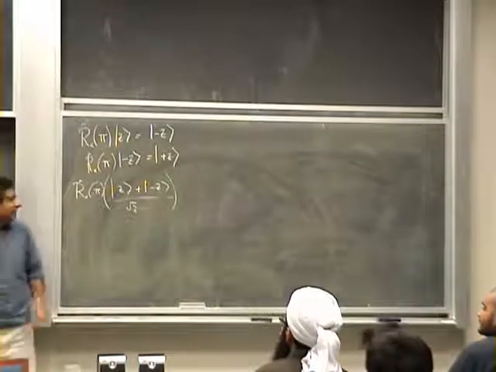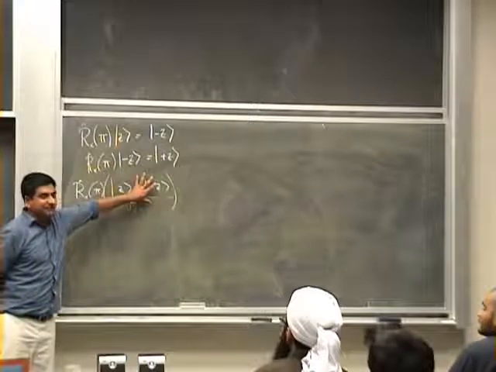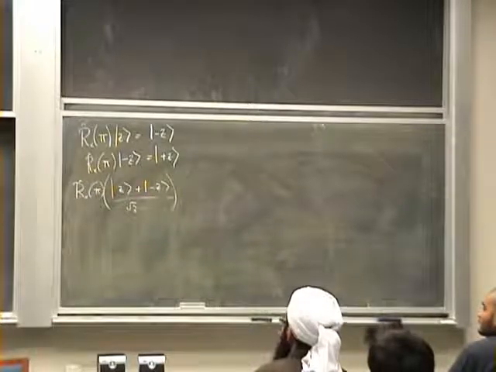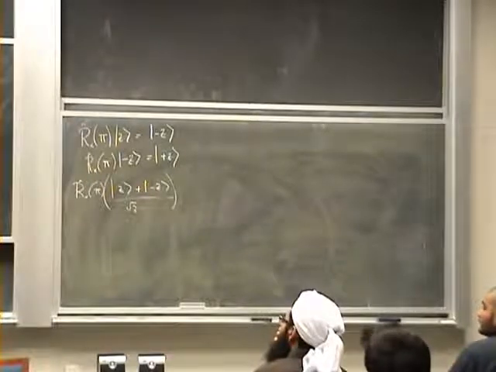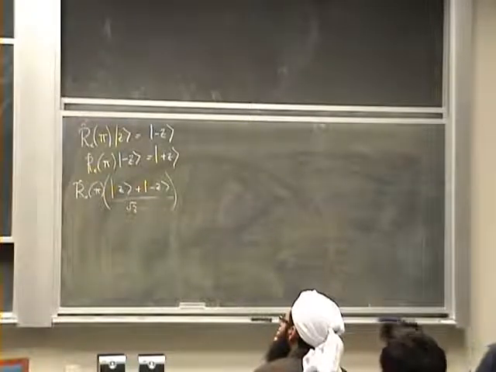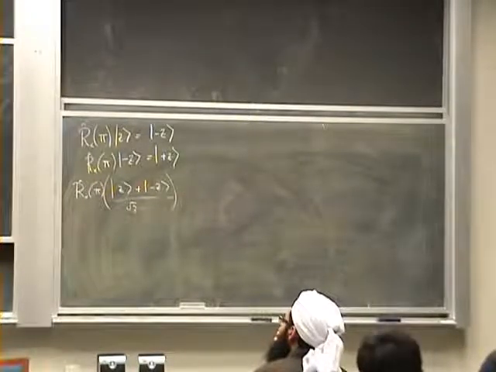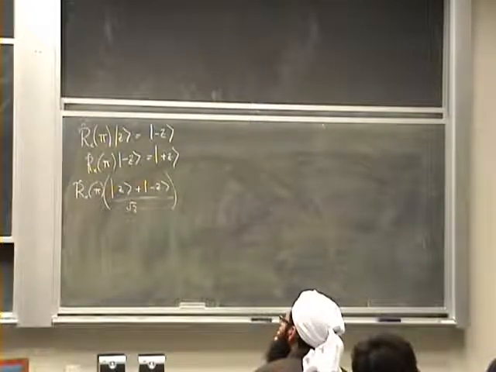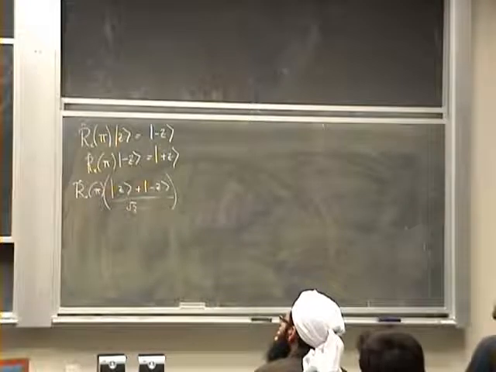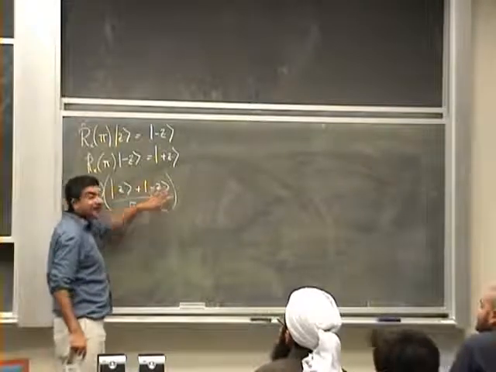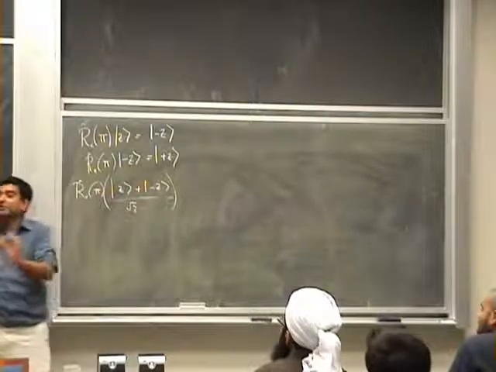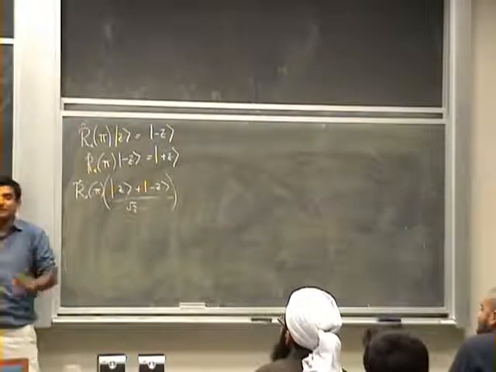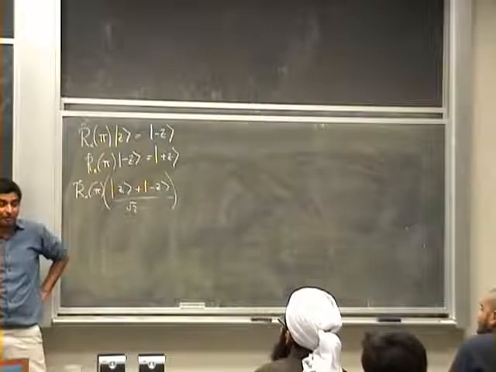Because if you look at the Bloch sphere, this state is here, this is x, and the axis of rotation is also along x. So this state remains unchanged, as it should. So the 180-degree rotation about the x-axis does qualify as a legitimate quantum NOT gate.